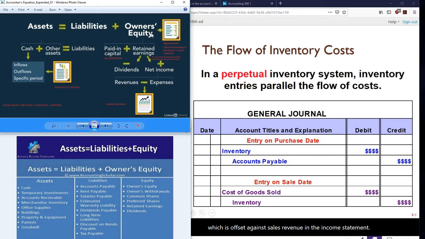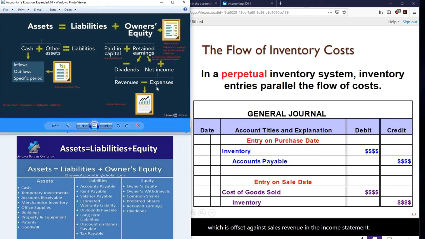Assets equals liability plus owner's equity. And you have paid in capital, otherwise known as capital stock. I've seen it go through other names. So owner's equity can be broken down as paid in capital and retained earnings. Now, retained earnings can be broken down into dividends and net income.